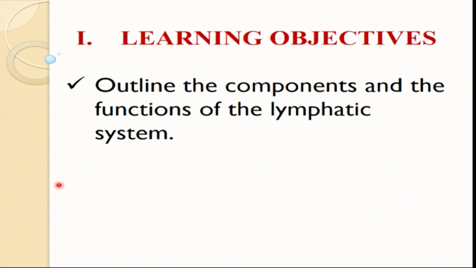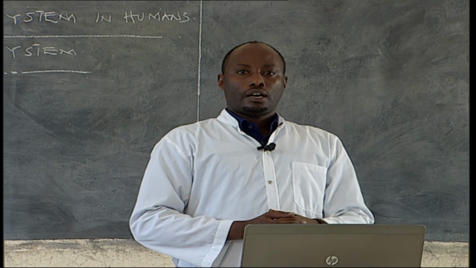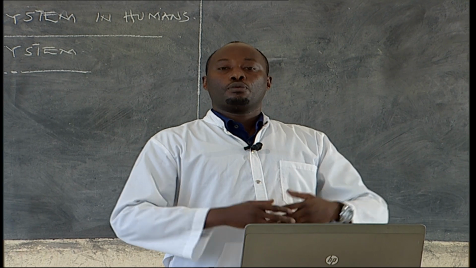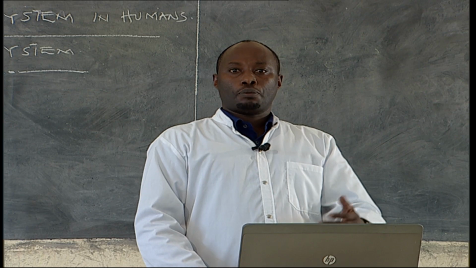What are the major components of the lymphatic system? And what are the functions of the lymphatic system? When we talk about the circulatory system and the lymphatic system, both of them work together to transport nutrients and remove wastes, toxins, and excess water from our body.